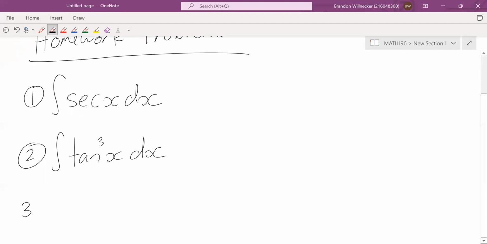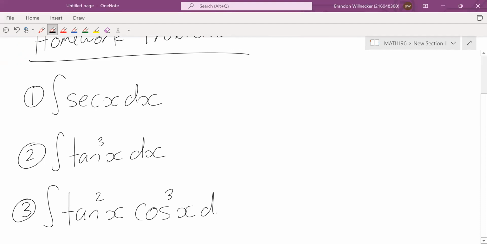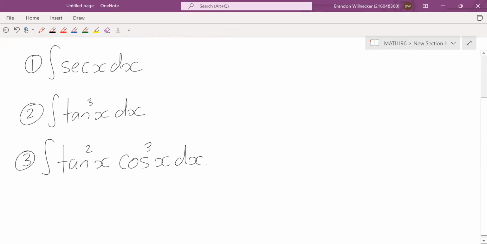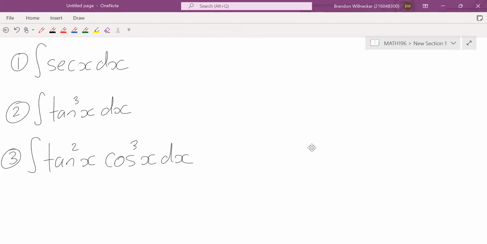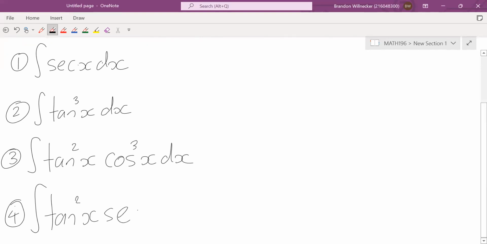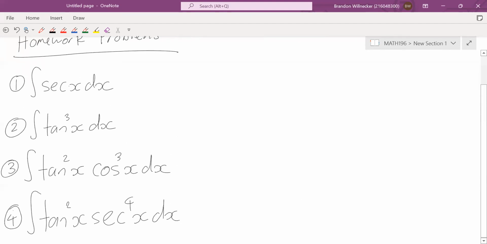Number 3, the integral of tan squared x cos cubed x dx. So now we're mixing things around. We're putting tan with cos. And number 4, the integral of tan squared x sec to the 4 x dx.